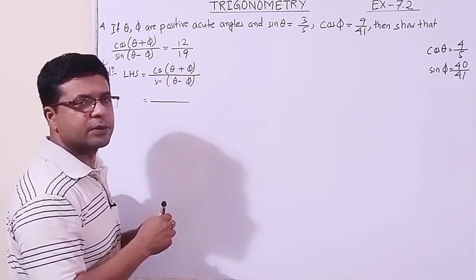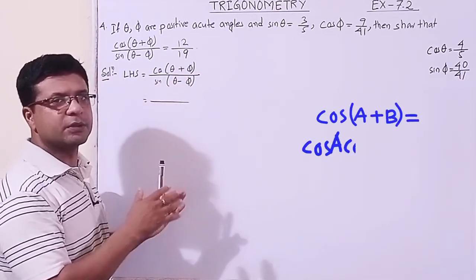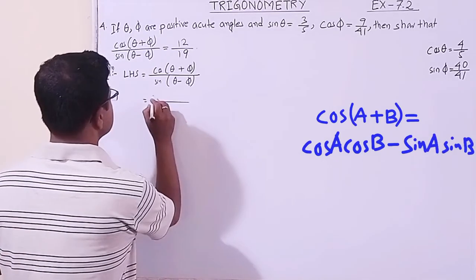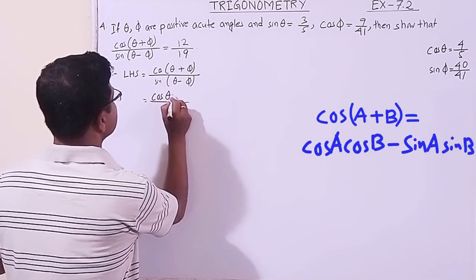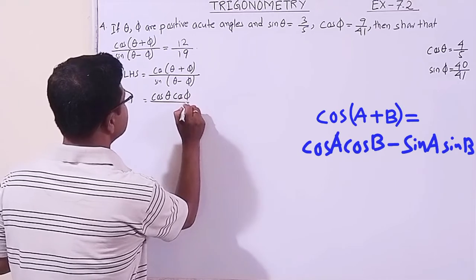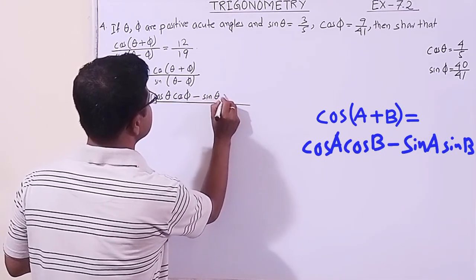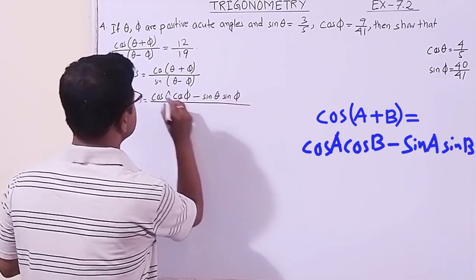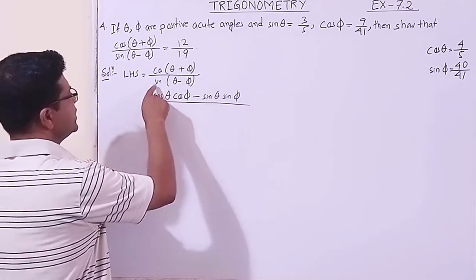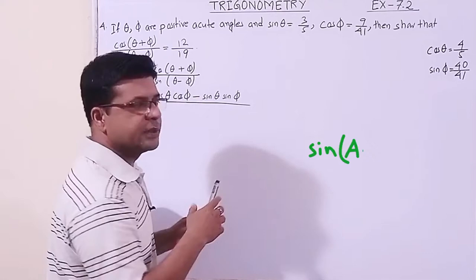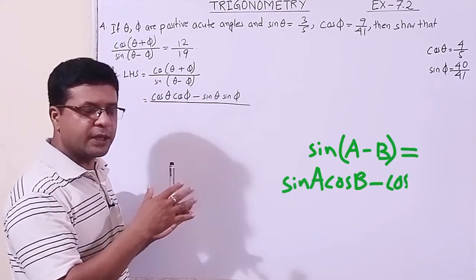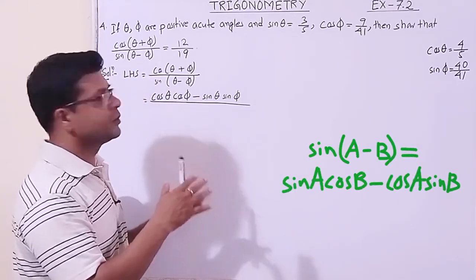What is the formula for cos of a plus b? It is cos a cos b minus sin a sin b. And the denominator is in the form sin of a minus b.